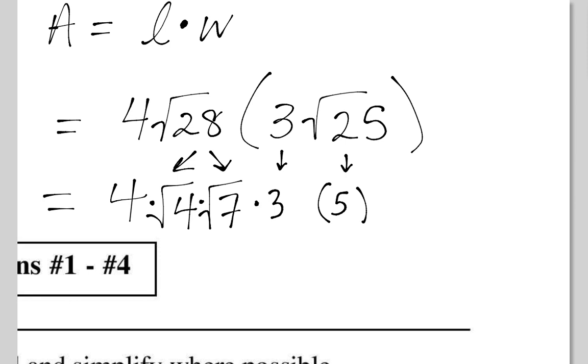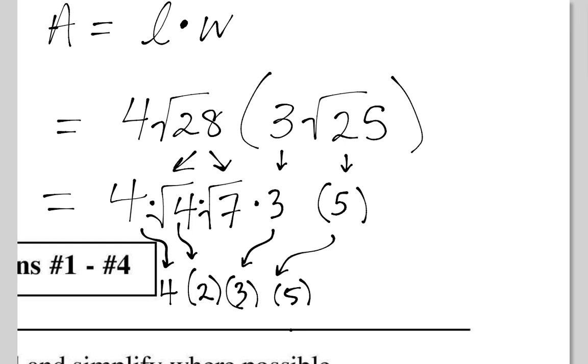So now you want to put all the numbers together. But first I'm just going to clean one of them up. So that's a 4. What's this one? Root 4 would become 2. Then I'll put the 3 next to it, and then I'll put the 5 next to it, and I'll put the 7 off to the side.